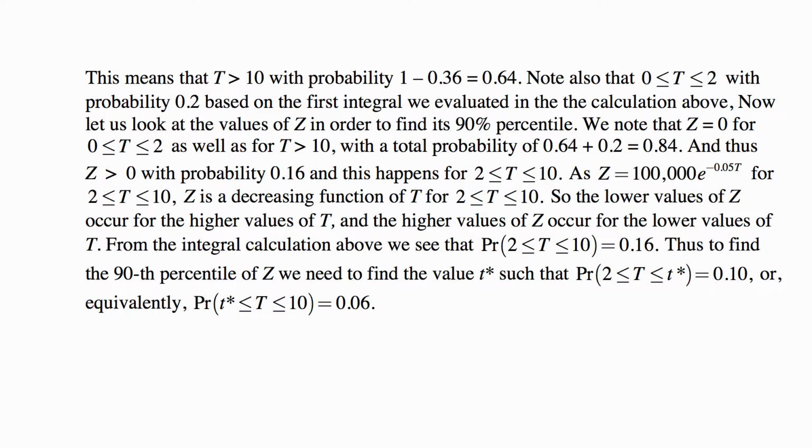In the first range we have lower values of t, so higher values of Z. These are the highest values of Z possible, and we are picking the top 10%, looking for a lower bound, which corresponds to the upper bound t star.